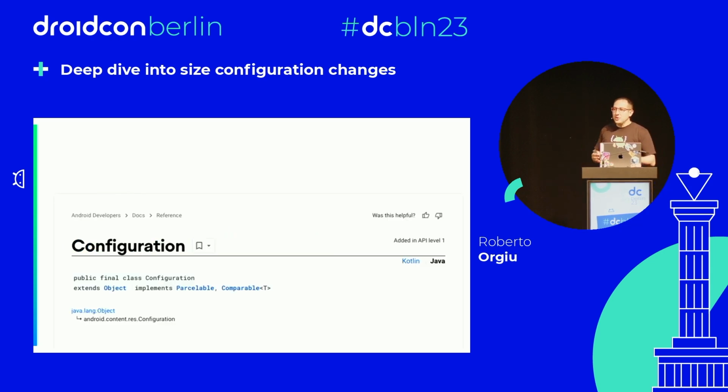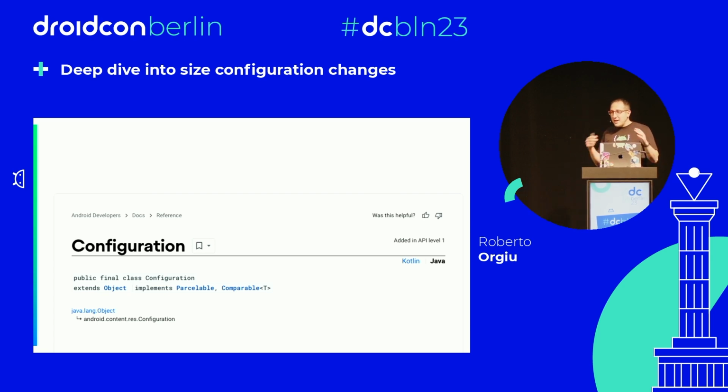So we all know that configurations are a fundamental aspect of how Android applications behave, because configuration describes many aspects of the user settings and the device configuration that are important when you're rendering your app UI. For instance, it describes the font scale, the dark mode, the locale, the dock state, physical keyboard, and many more.